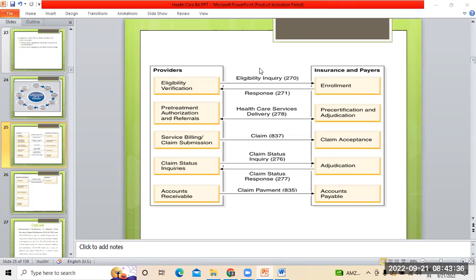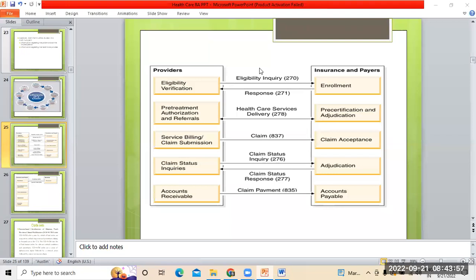Now for claim submissions, it is 837, right? So the code numbers you are supposed to remember are 270, 271 through 837. These are the major code numbers you have to use, because they are used for claim processing.